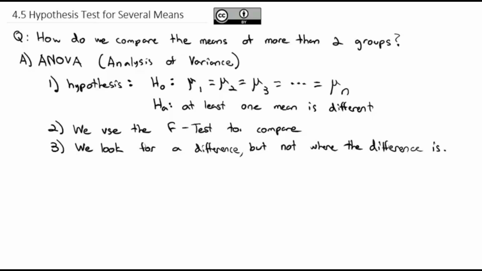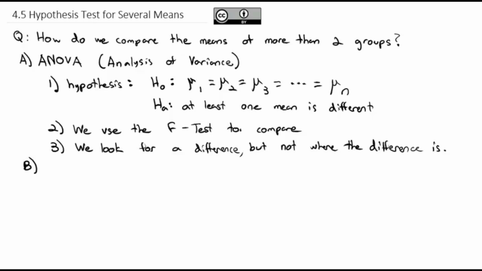Turns out that once we decide that there actually is a difference between one of the means, we have to do some follow-up statistical tests, which are beyond the scope of this course, to identify specifically where that difference is. We might have an idea where it is, but to get the exact difference, we need follow-up tests that we're not going to cover in this course. So for today, all we're looking at is, are they all the same, or is there a difference somewhere?